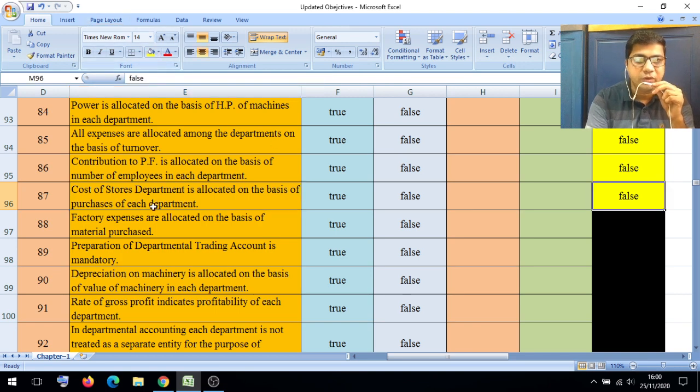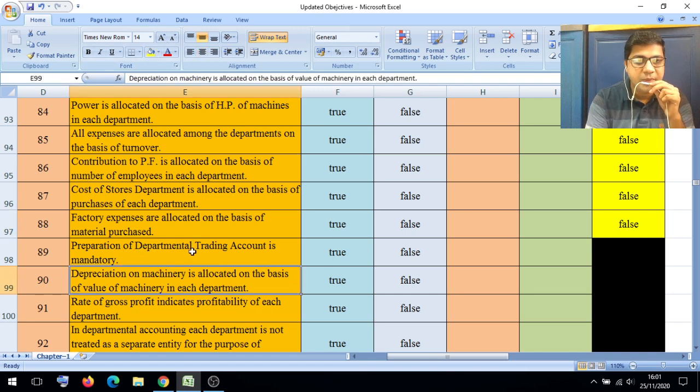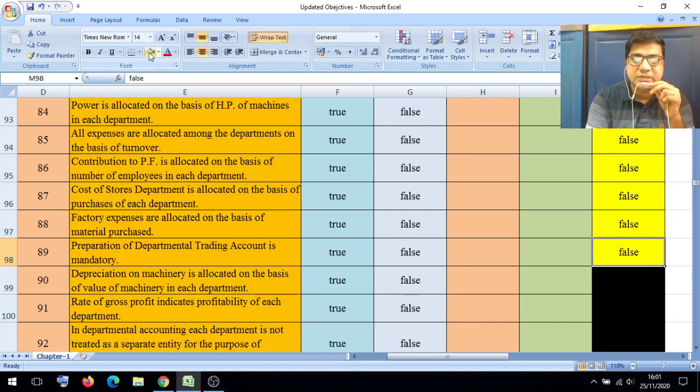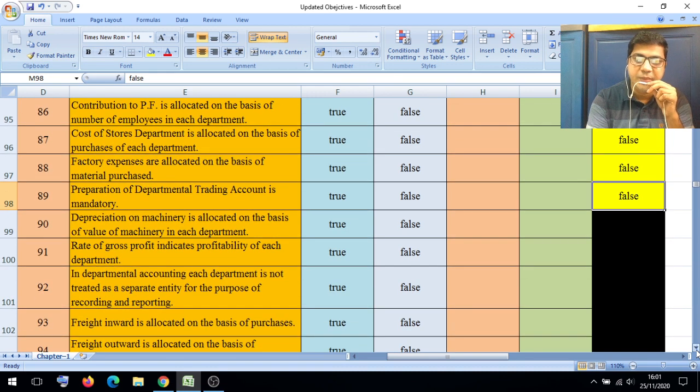Answer is false. Factory expenses are allocated on the basis of material purchase. Answer is false. Preparation of the departmental trading account is mandatory. Answer is false. It is not mandatory, because we can prepare a general trading and profit and loss account.